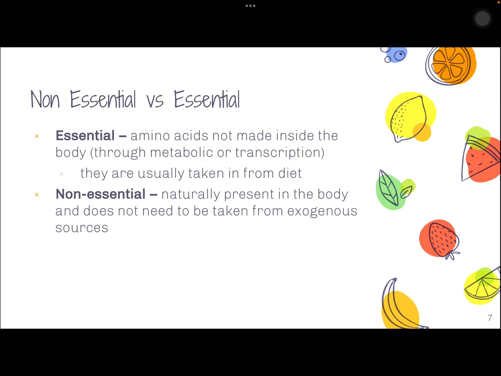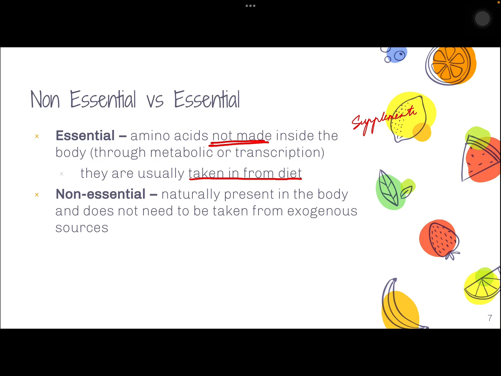We now have two classifications of amino acids, the essential and the non-essential amino acids. Essential amino acids are not made inside the body, therefore they are usually taken in from the diet. These are the ones that are supplied or supplemented in milk, in vitamins, in your food supplements, because our body does not have the biochemical processes to produce these.